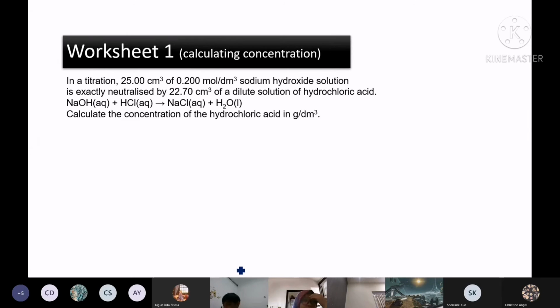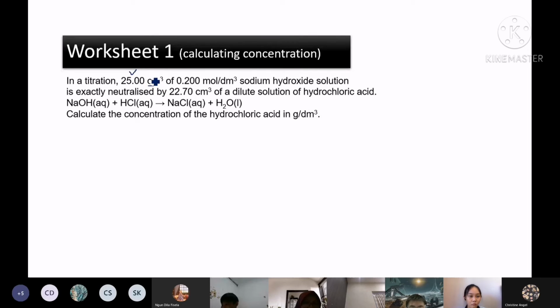Yes, Miss. Alexander. Let's identify the questions or the problem. 25 cm cubed. What is it, Alexander Chua? Volume, Miss. Okay, the volume. The unit is cm cube. Do we need to change it into dm cube or not?